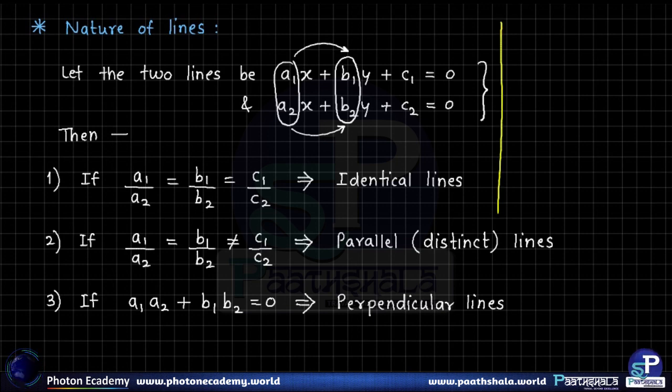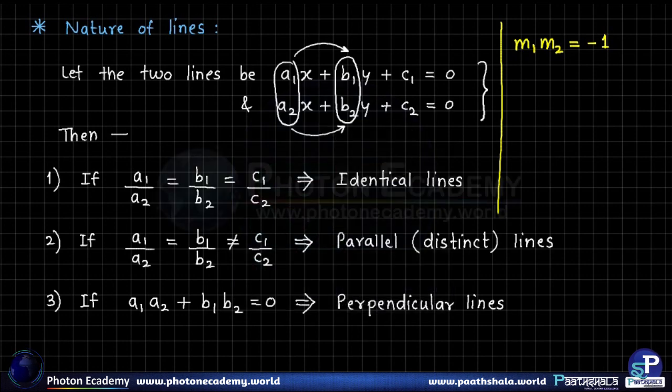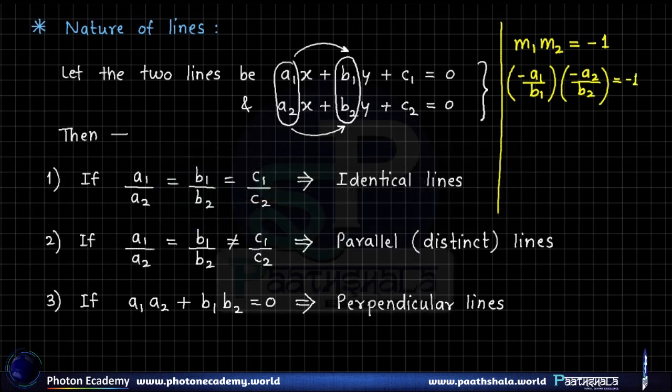Let's see how. We have seen earlier that for perpendicular lines the product of their slopes is always -1. So if we consider the first line, we can write its slope as minus a1 upon b1, from the general equation. For the second line the slope is minus a2 upon b2, and this has to be equal to -1 if the lines are supposed to be perpendicular.